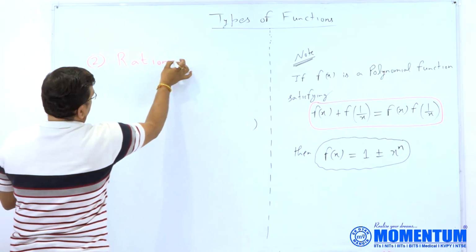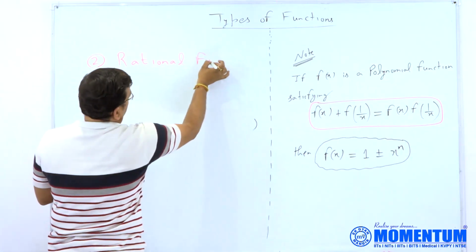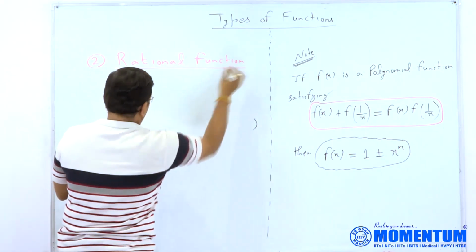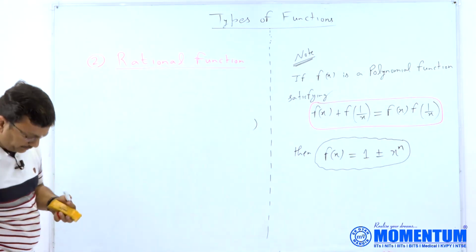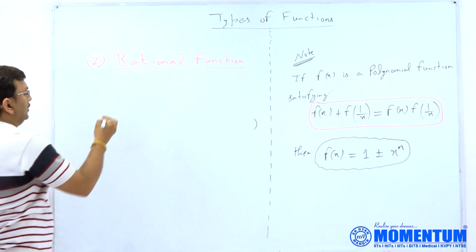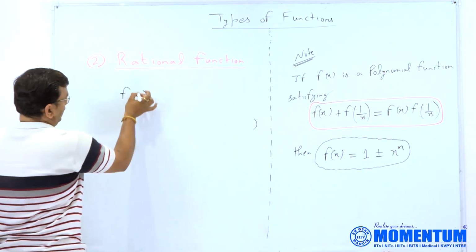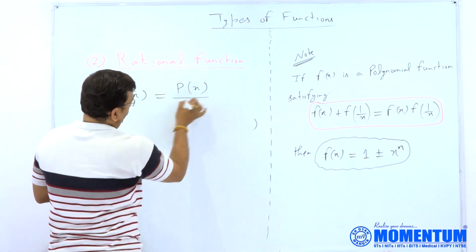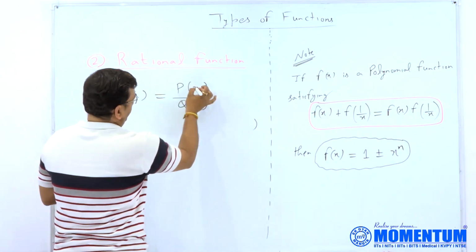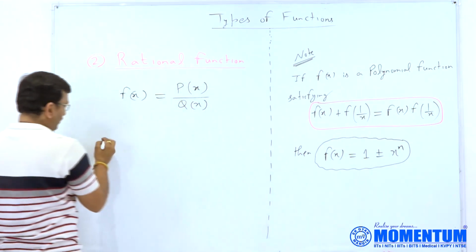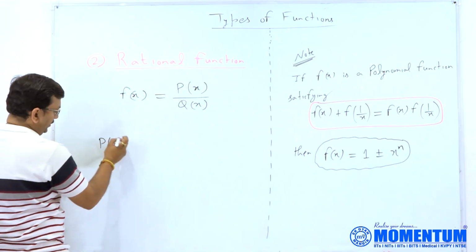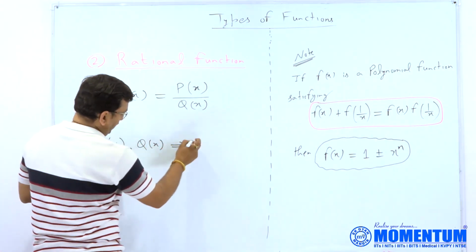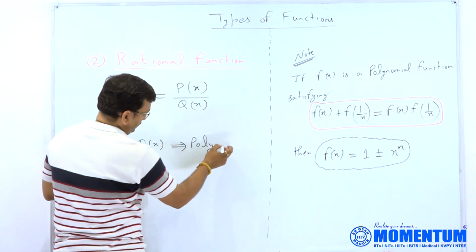Now, number 2 is rational function. What is rational function? A function f of x that is a ratio of two polynomials, p of x divided by q of x, where p of x and q of x both are polynomials.